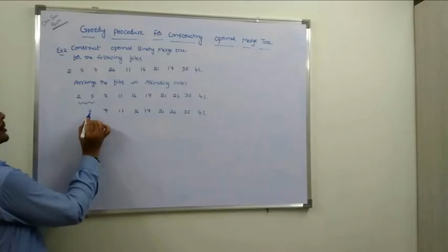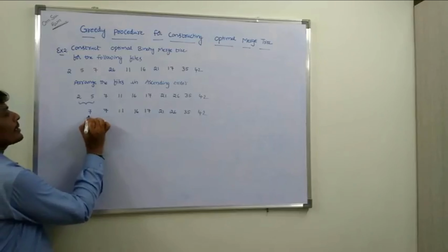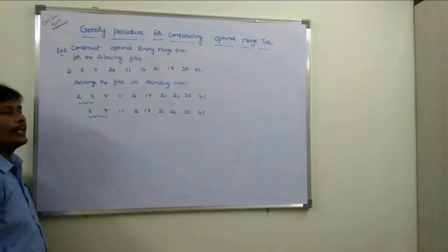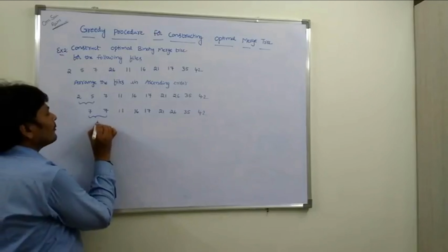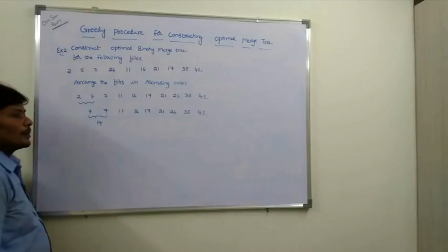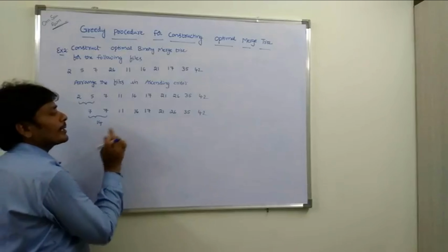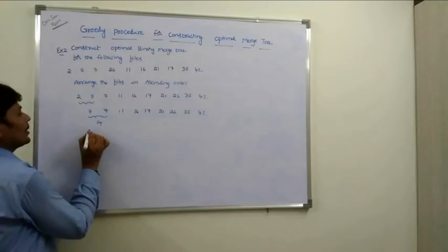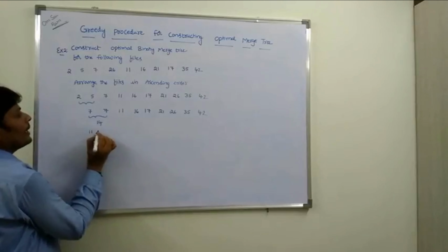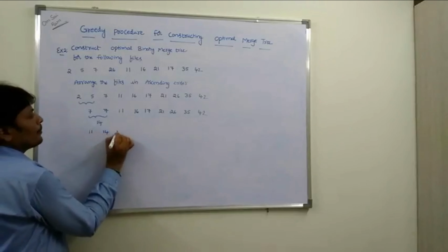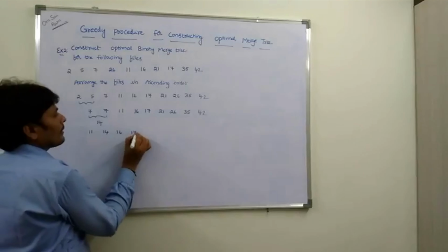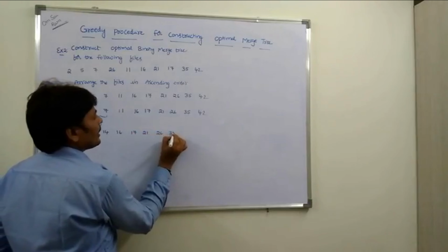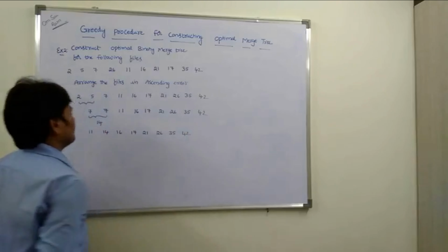Next, the smallest two files are 7 and 7. Merging these two files, we get 14. This value is inserted into the sorted list at its correct position. Now the list is 11, 14, 16, 17, 21, 26, 35 and 42.